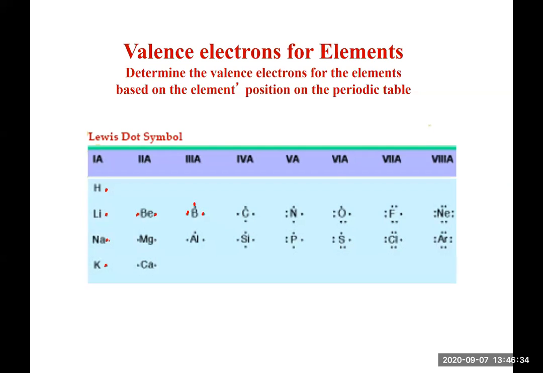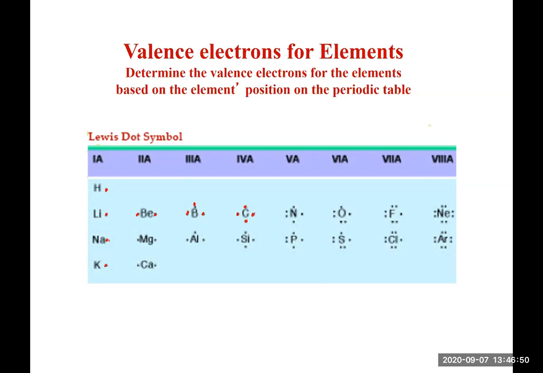Group 4A, carbon and silicon, we'll draw 4 electrons, and we'll draw them all the way around this structure, as far apart as we can get them.